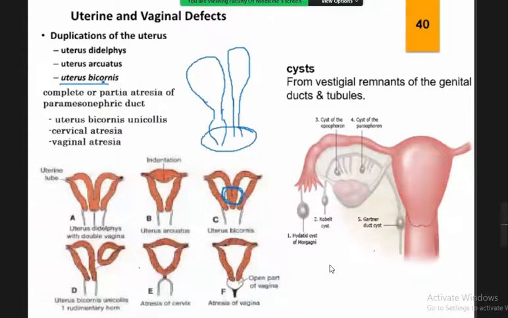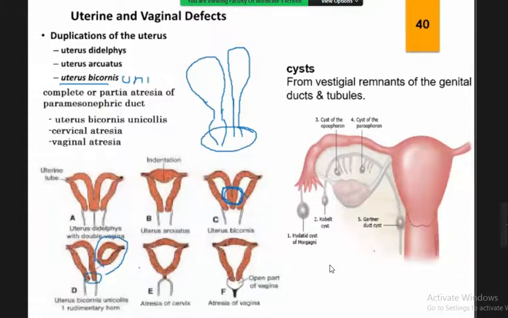It may be uterus bicornuate, and this is unicollis, and the unicollis is here. It may be bicornuate, and it is bicollis, meaning double horns, single cervix.